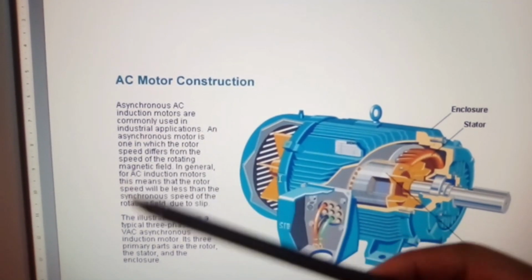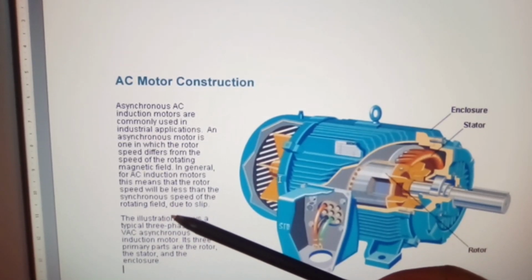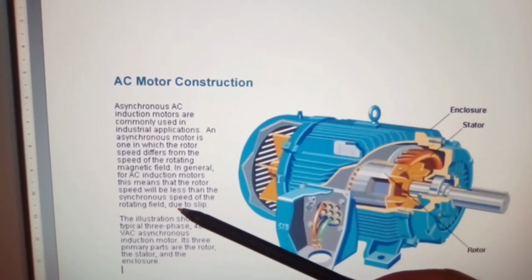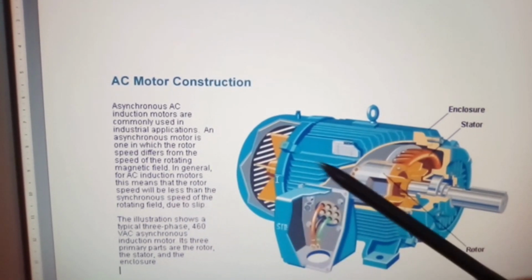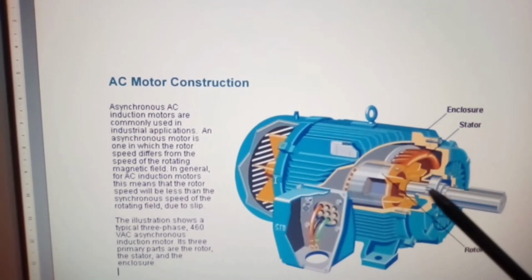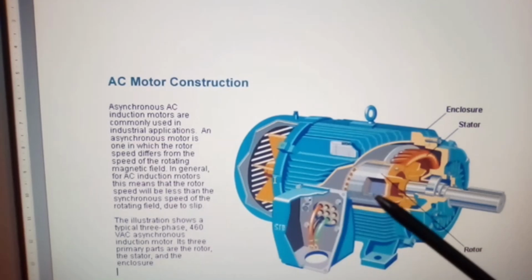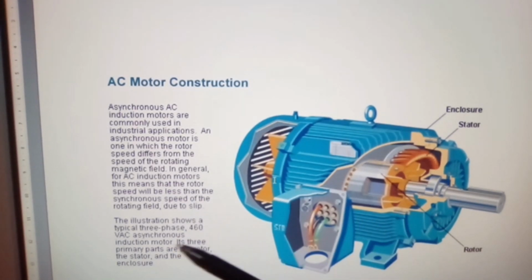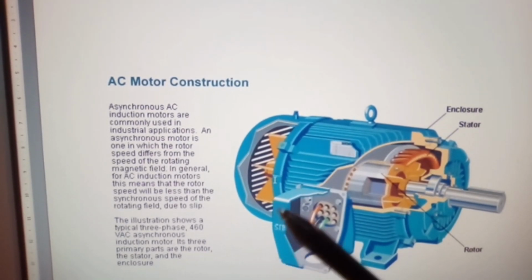Now, we need to have slip in the motor in order for the motor to rotate. If we didn't have any slip, this rotation would not take effect because there would not be a lag factor, well, I call it a lag factor, between the rotor speed and the rotating magnetic field.